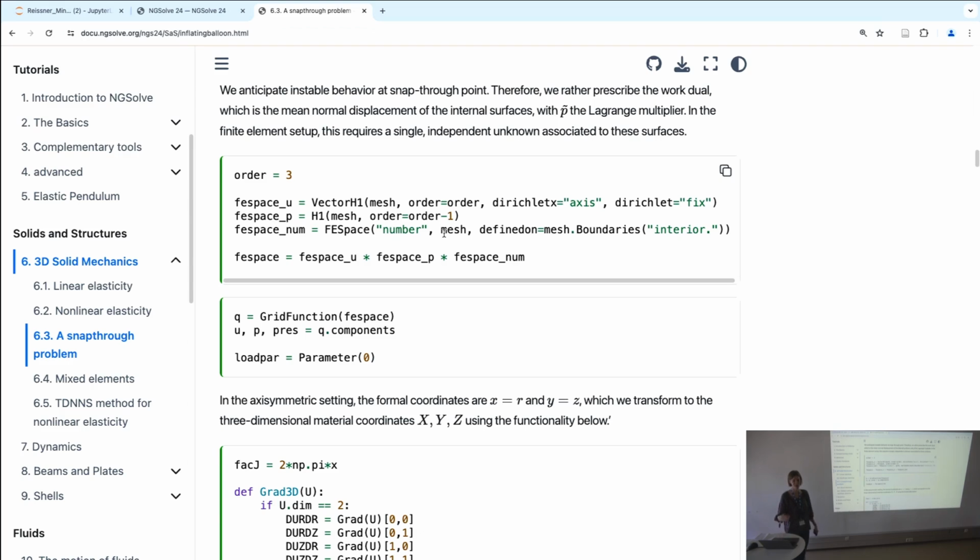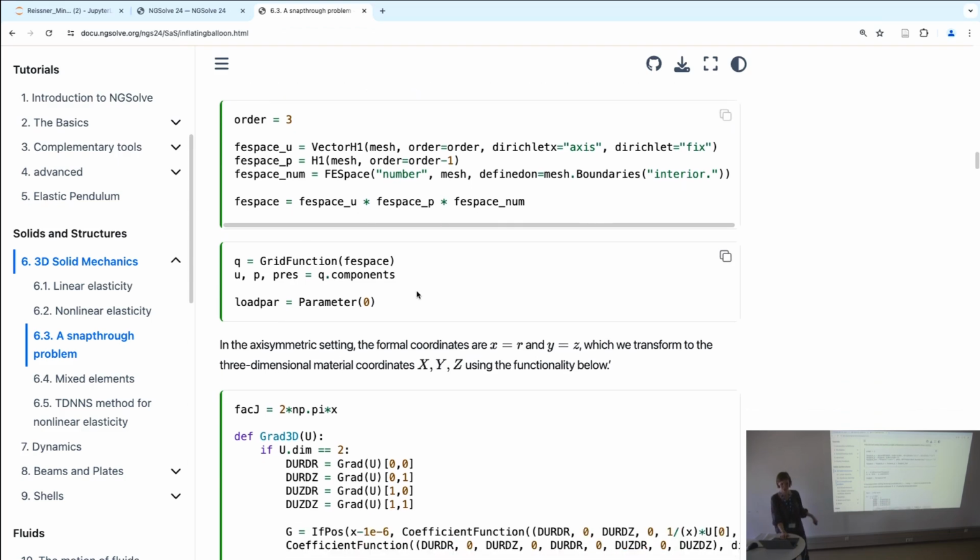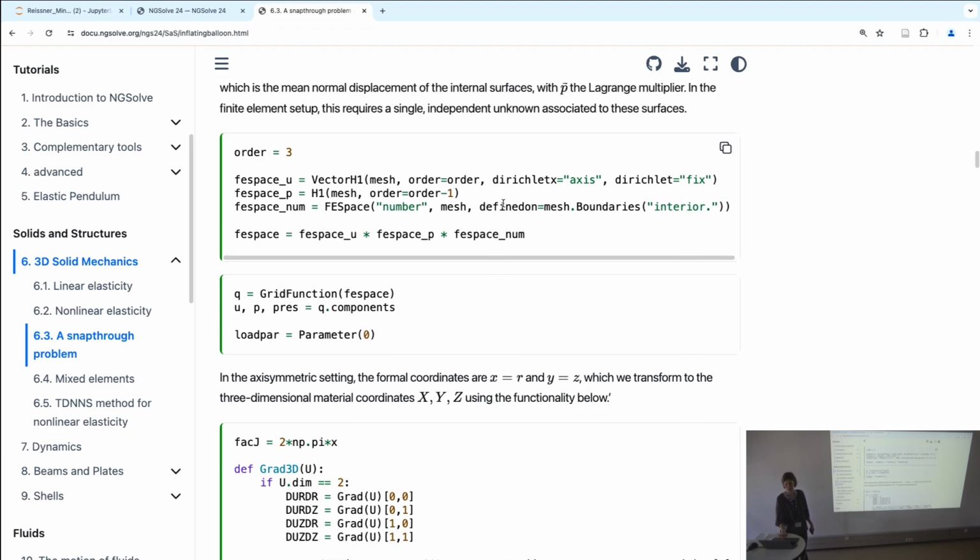So increasing the pressure all the time is not possible physically, because it will fail at snap-through. That's why we add the pressure as an additional unknown. That's also something you can do in NGSolve easily. Add one additional line to your system, one Lagrange multiplier, that's the internal pressure. And then control that via its dual, which would be something like the mean normal displacement in deformed configuration.